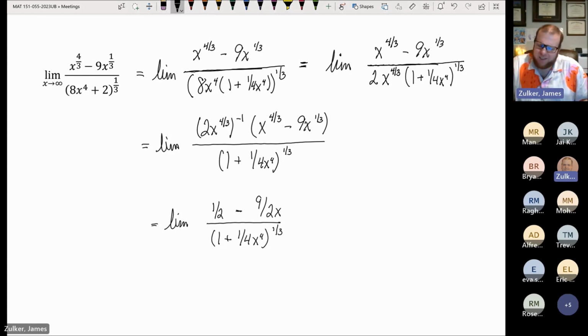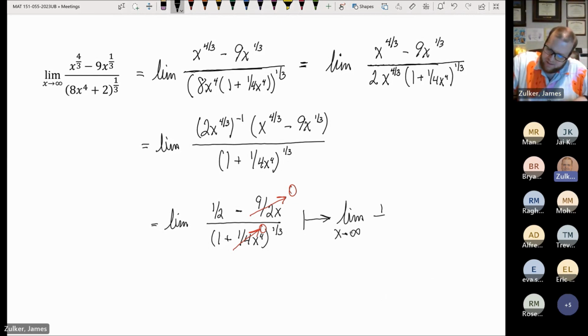X to the 3rd over x to the 4/3 is just 1 over x. Which means that term goes to 0, as does that term. So what we have is essentially the limit as x approaches positive infinity of just 1/2, which is 1/2.